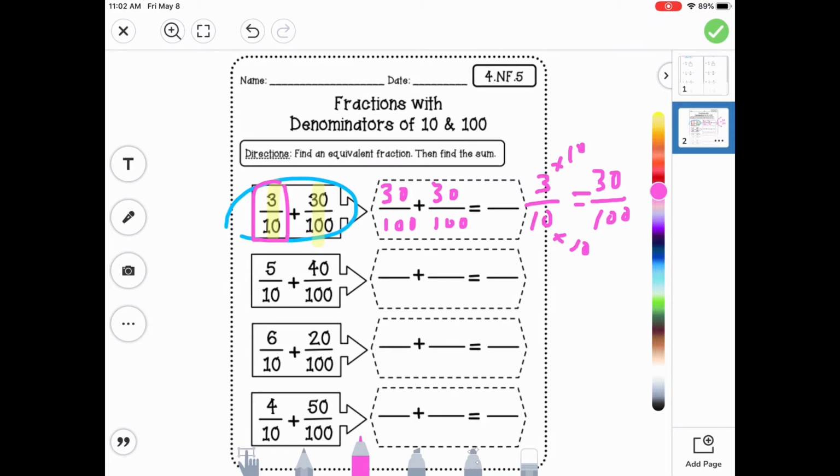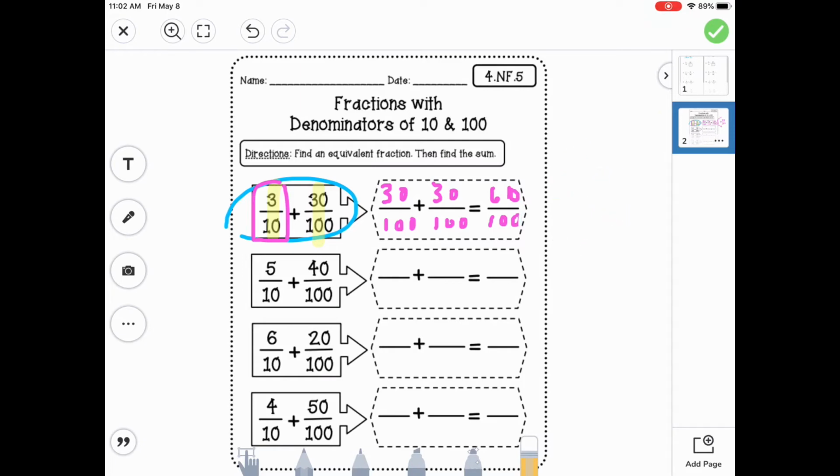And then when I added these two fractions together, 30/100 plus 30/100, I would get 60/100. So both of these strategies would have given us the correct answer, but you'll notice our answers looked a little bit different depending on which fraction we changed. So you could have gotten an answer of 60/100 if you turned them both into a fraction with a denominator of 100.